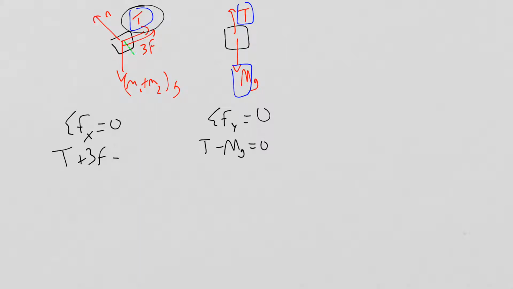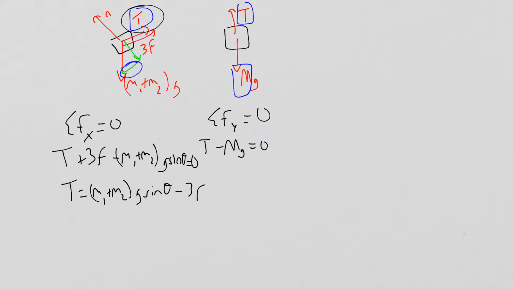If I do my components of the weight again, it's the exact same, but now it's the other component. What I care about is this bit. That's mg sine theta, or in this case (m1 plus m2) g sine theta, equals 0. And so we can solve this for T. T equals (m1 plus m2) g sine theta minus 3F. Then this just gets plugged right into there.